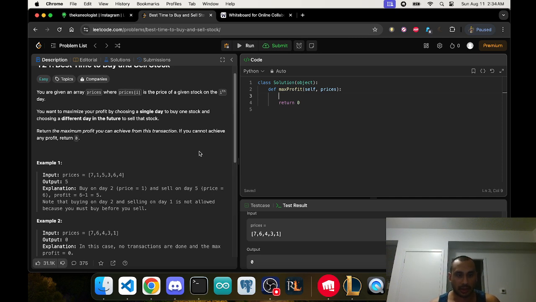Choosing a single day to buy one stock, choosing a different day in the future to sell that stock.